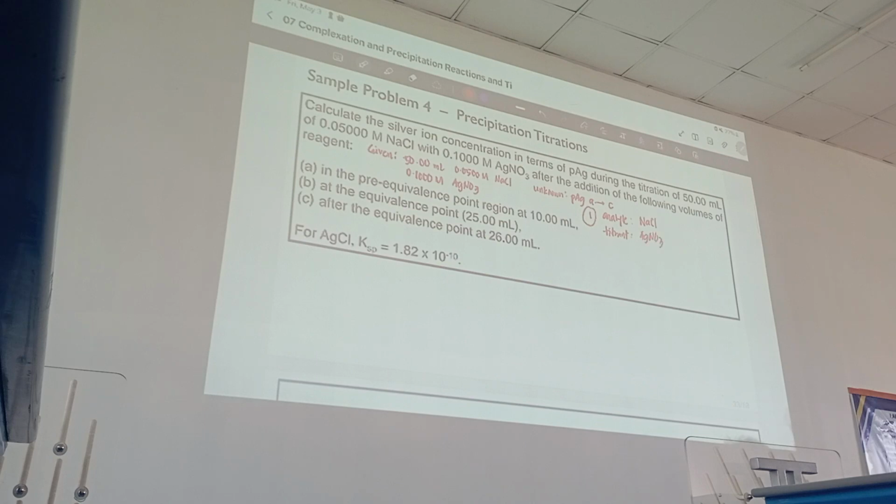So your analyte is NaCl and your titrant is AgNO3.